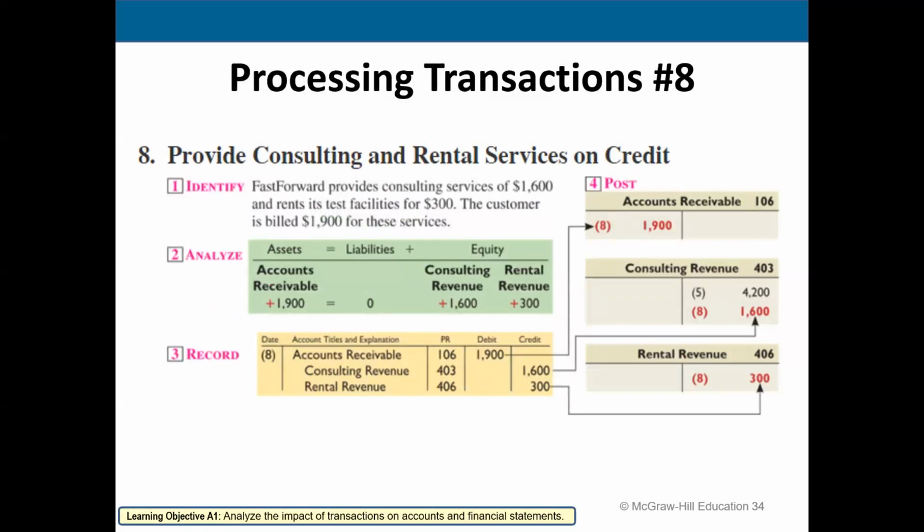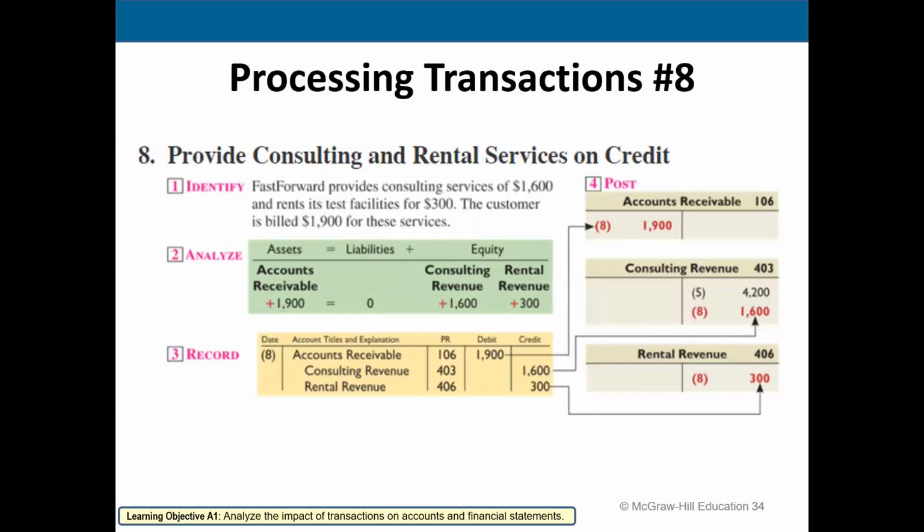All right, our 8th transaction is we provide consulting revenues on credit, meaning we're doing the work for someone, but they're not paying us yet. There's both consulting revenue and rental revenue. So again, I have an asset increasing, but it's not cash. Instead, it's accounts receivable or money owed to us.